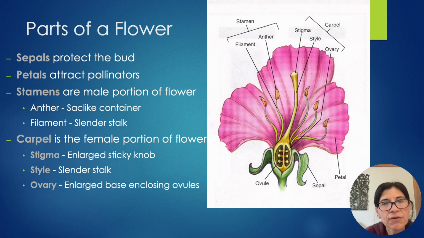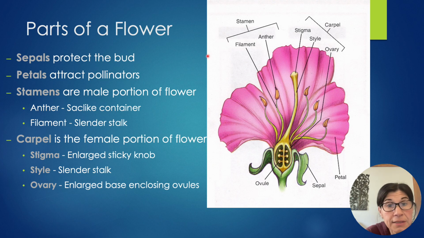Pollination is the transfer of the pollen from the anther to the top of the female part, the stigma, and that an insect facilitates, right? And then that allows fertilization to happen when the sperm from the pollen goes into the ovary and fertilizes the ovules inside. All right, so the petals attract the pollinators.